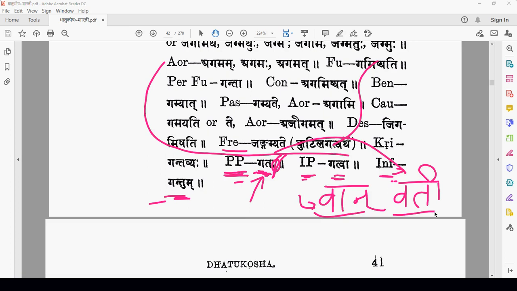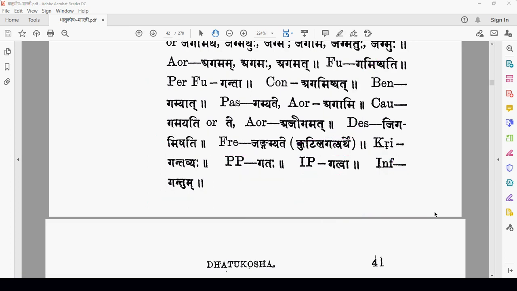So for example, pustakam, suppose we want to use the past participle. Pustakam is a napumsakalingam. Pustakam can also be used, but I just want to use pullingam or strilingam.